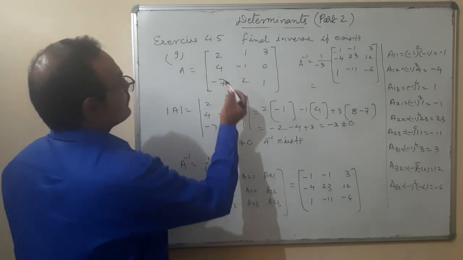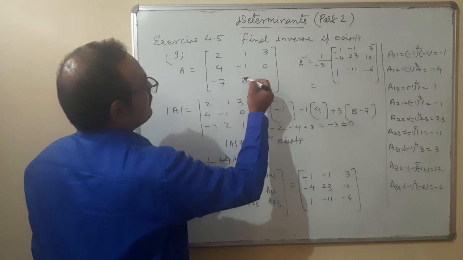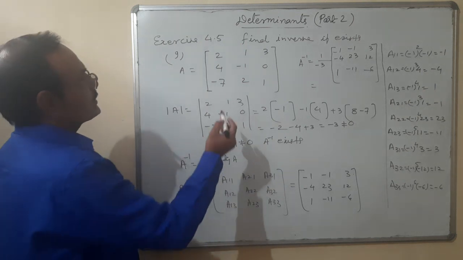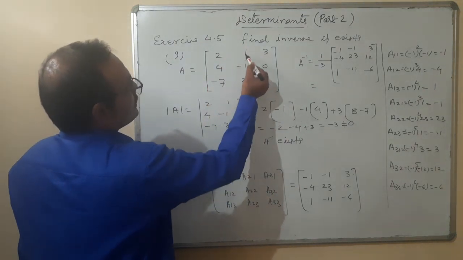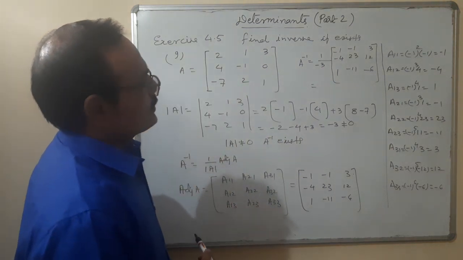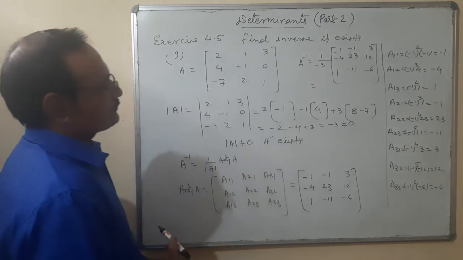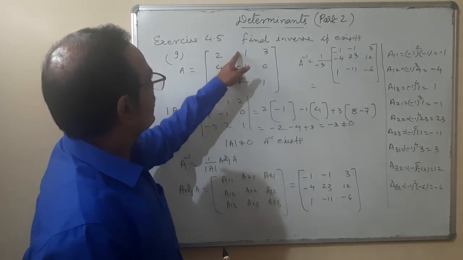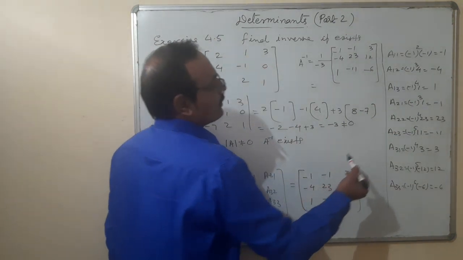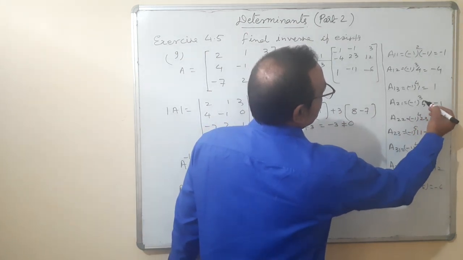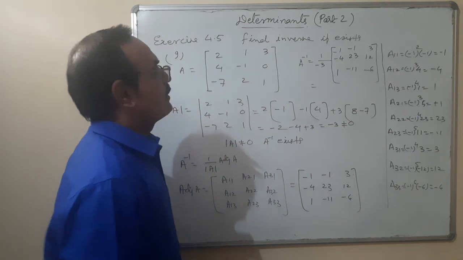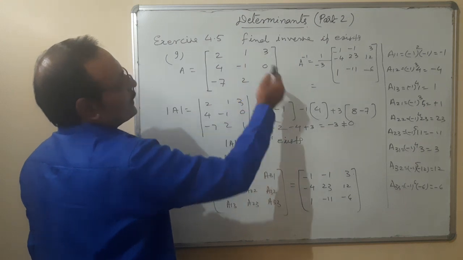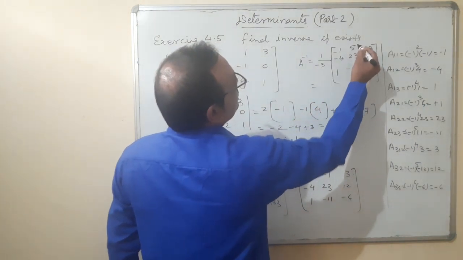This is 2 1, second row first column, and 1 minus 6 minus 5 is coming here, so it is plus 5.